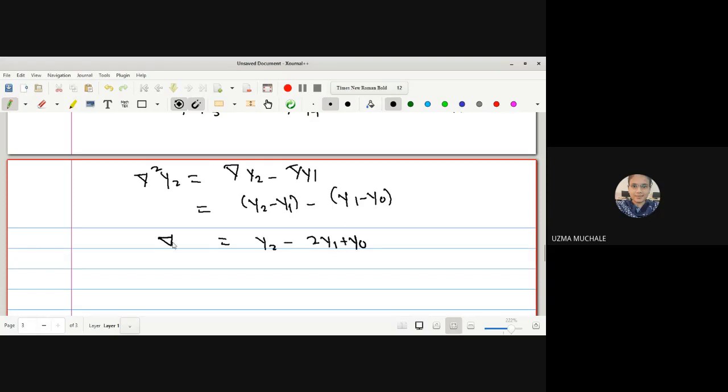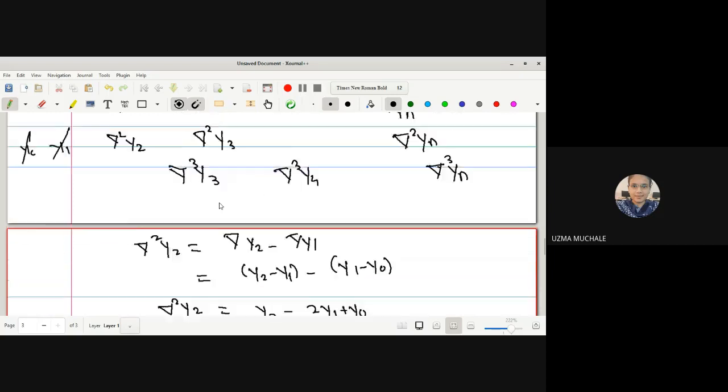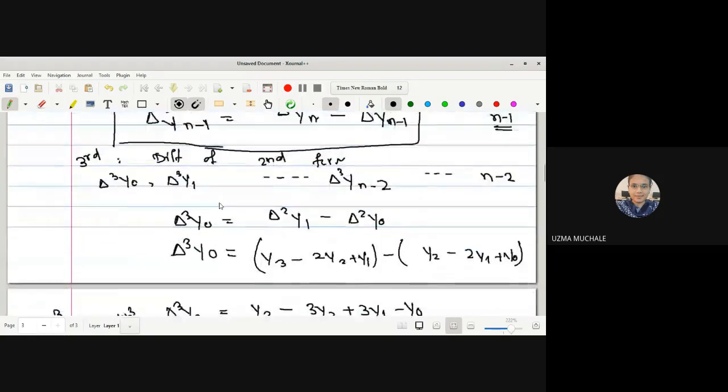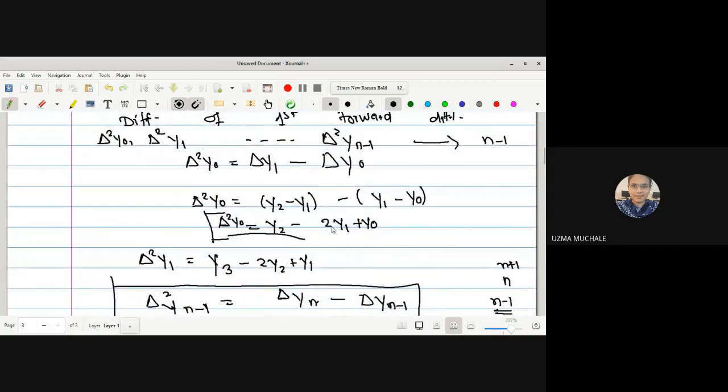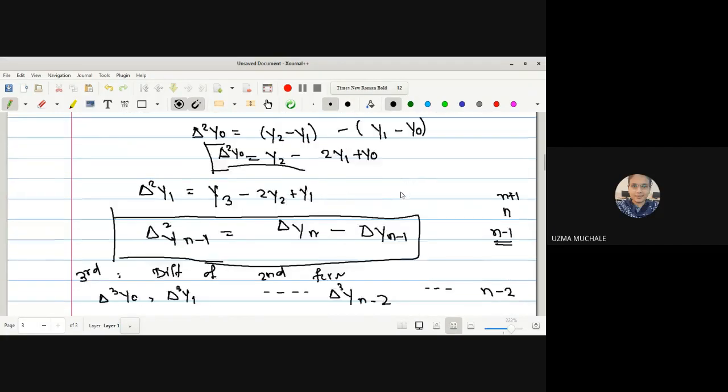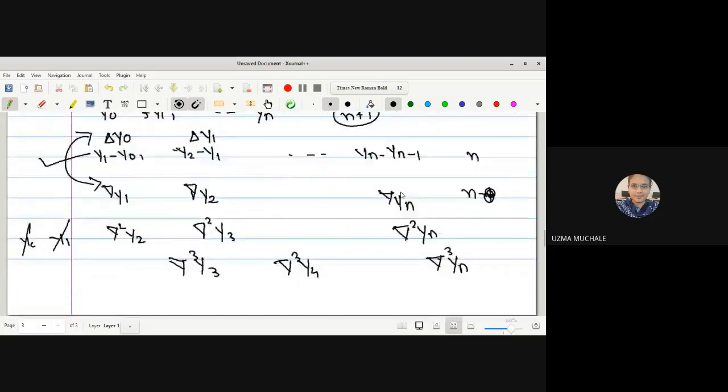This is the formula for delta square y2. If you come back to our forward differences, you can remember the formula we already wrote: delta square y0 is y2 minus 2y1 plus y0. It was the same, right? Here also we have the same thing, but what is the difference?